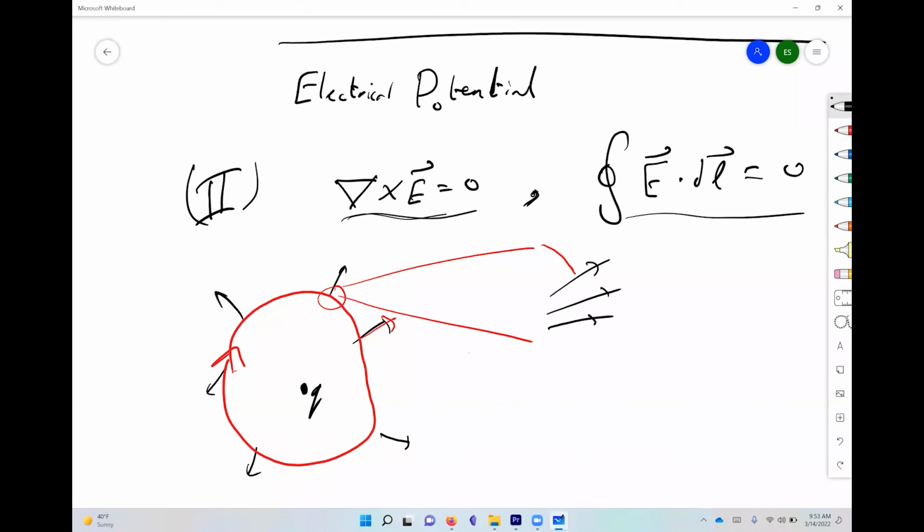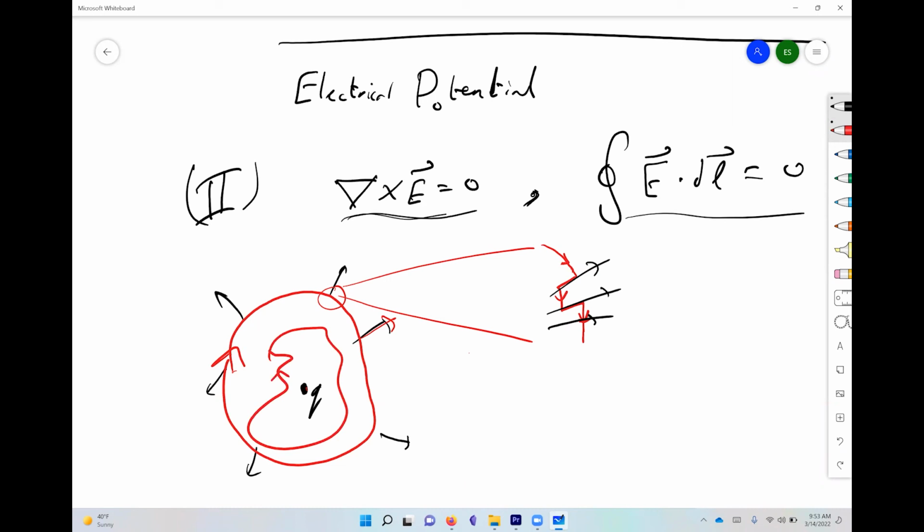If we contort the curve a little bit like this, we will get essentially the same circulation. So we can infinitesimally contort this so that for a point charge, after applying an infinite amount of contortions, we get some arbitrary curve.